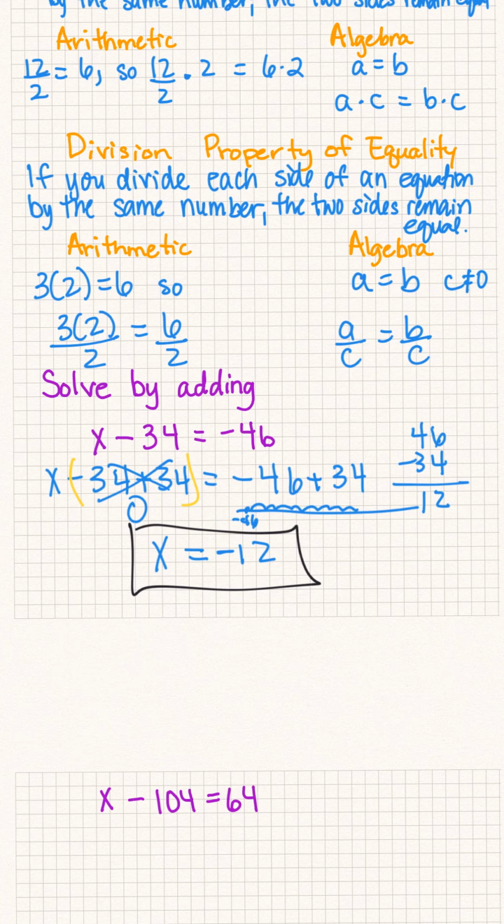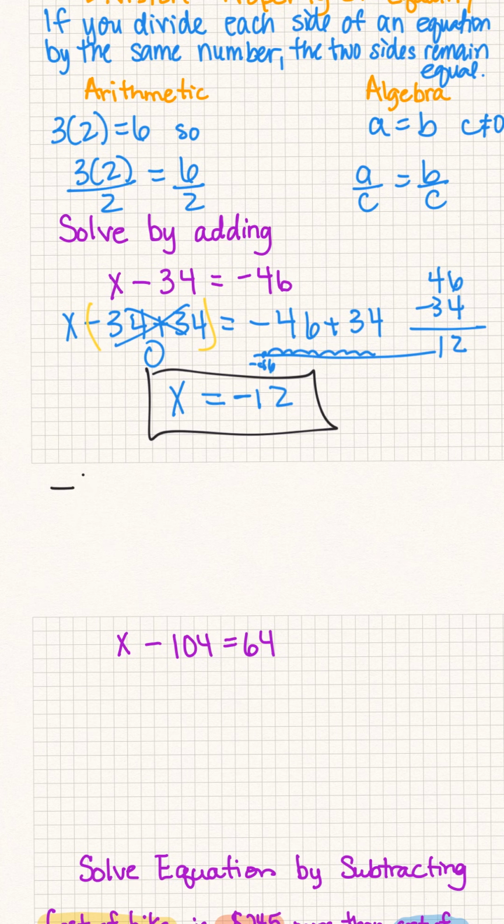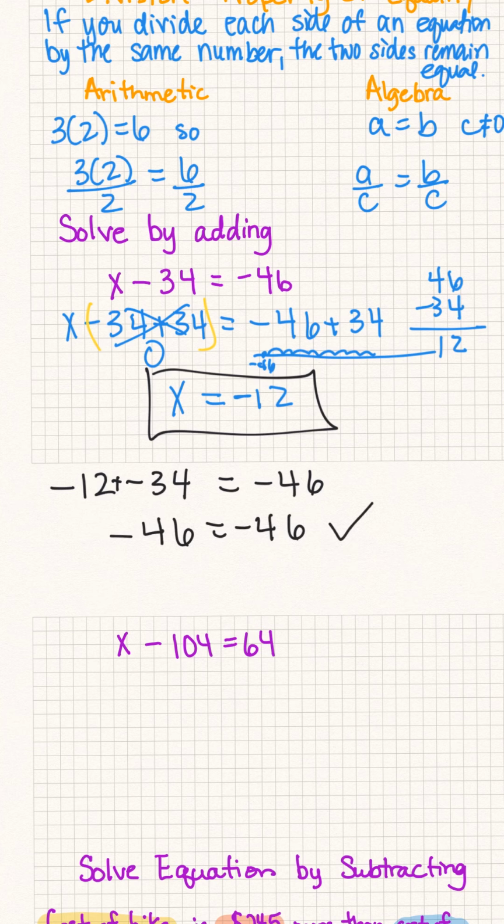X equals negative 12. Now we need to check our work. Is negative 12 minus 34 equal to negative 46? Negative 12 minus 34 is like saying plus a negative, so we're adding those together. That equals negative 46. Yes, that is correct.